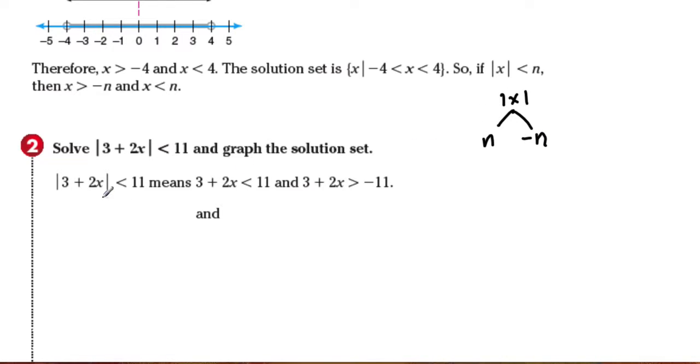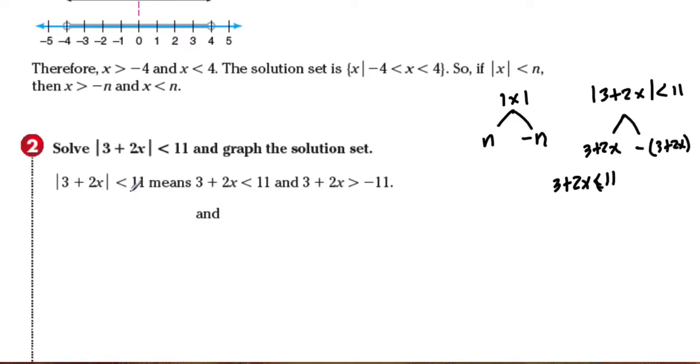So in this case, if you now have the absolute value of 3 plus 2x, it will mean 3 plus 2x and negative 3 plus 2x. Now, why is this still 3 plus 2x? Because in this case, you have less than 11. So what happened here was that you have 3 plus 2x less than 11.